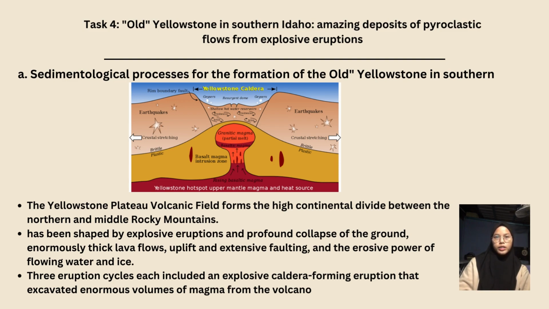Three eruption cycles are included, culminating in a caldera-forming eruption that excavated an enormous volume of magma from the volcano, with massive pyroclastic currents depositing tuff, and the ejected magma can break and collapse to form a crater.